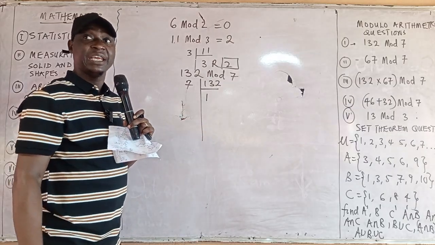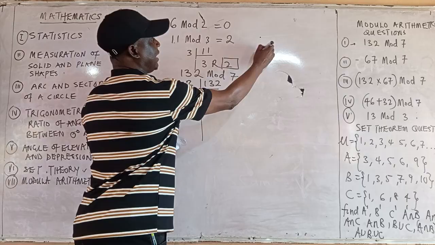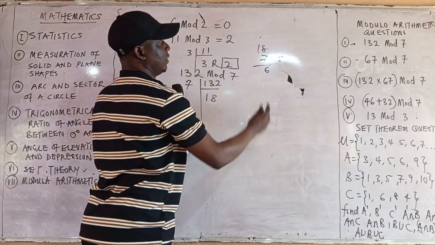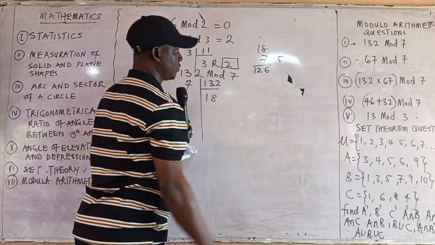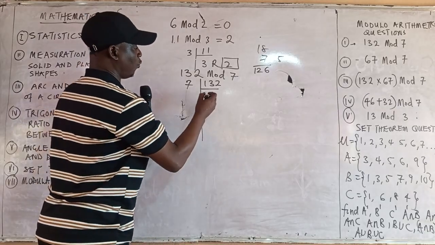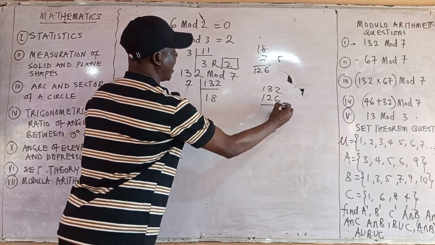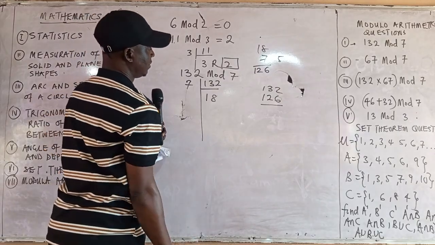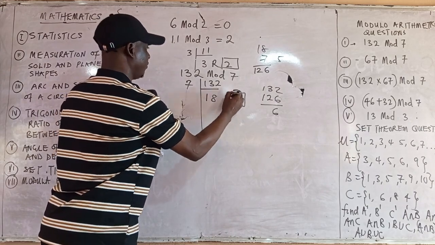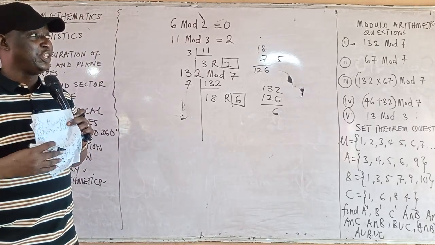How many do you have? 8. 8 times 7 is 56, remainder 6. Then you have 18 times 7, that is 126. Is that not so? Yes, okay, 126. So that means 132 minus 126 is 6. That means remainder 6. That becomes your answer. So it's very, very easy.